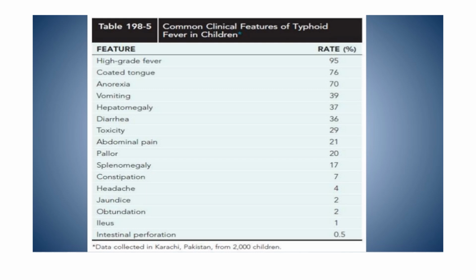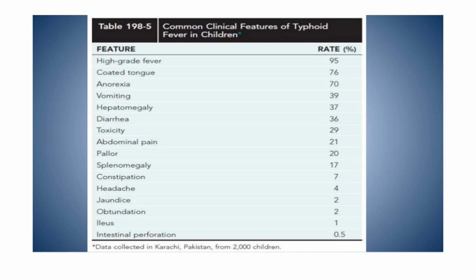These three symptoms are very common, present in almost 90 to 70% of patients. Other symptoms like vomiting, diarrhea, toxicity, abdominal pain, pallor, constipation, headache, jaundice, present with relatively less frequency as compared to the first three symptoms.